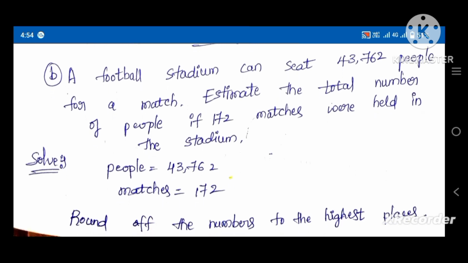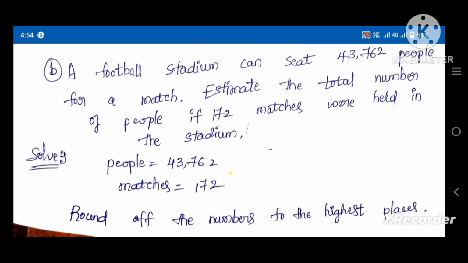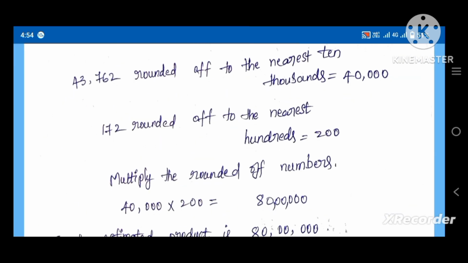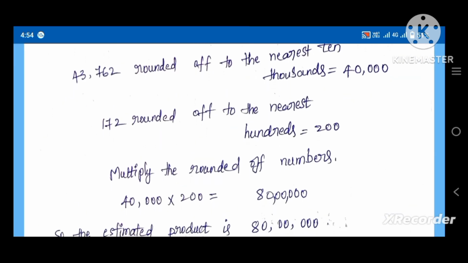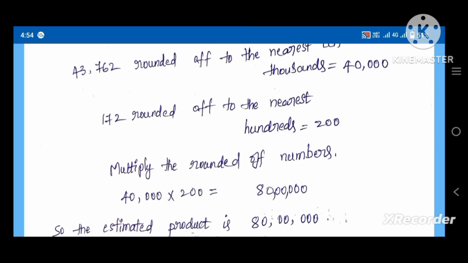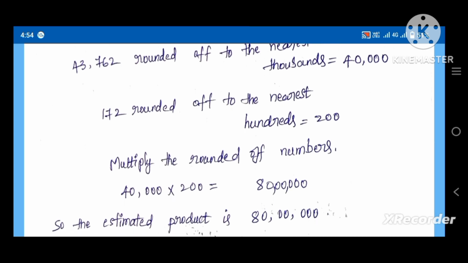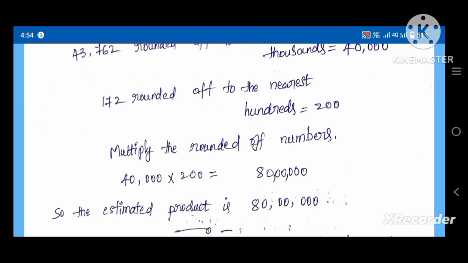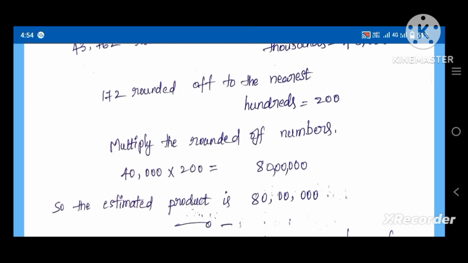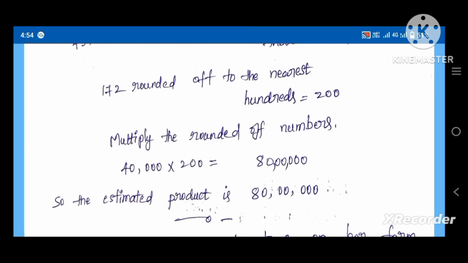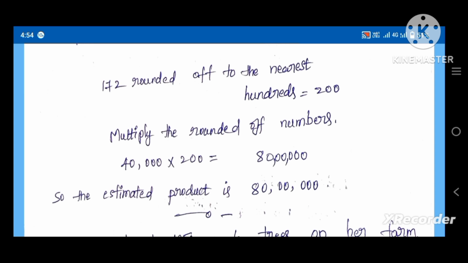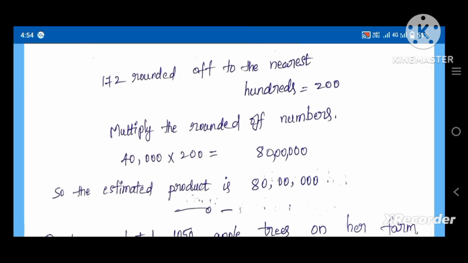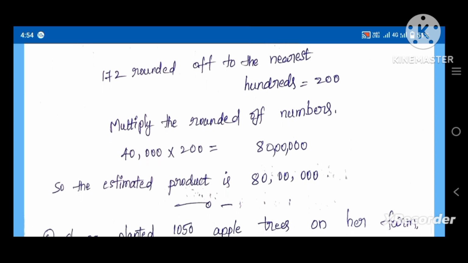Round off the numbers to the highest places. 43,762 rounded off to the nearest 10,000 is equal to 40,000. 172 rounded off to the nearest hundreds is equal to 200. Multiply the rounded off numbers. 40,000 into 200 is equal to 80 lakhs. So the estimated product is 80 lakhs.